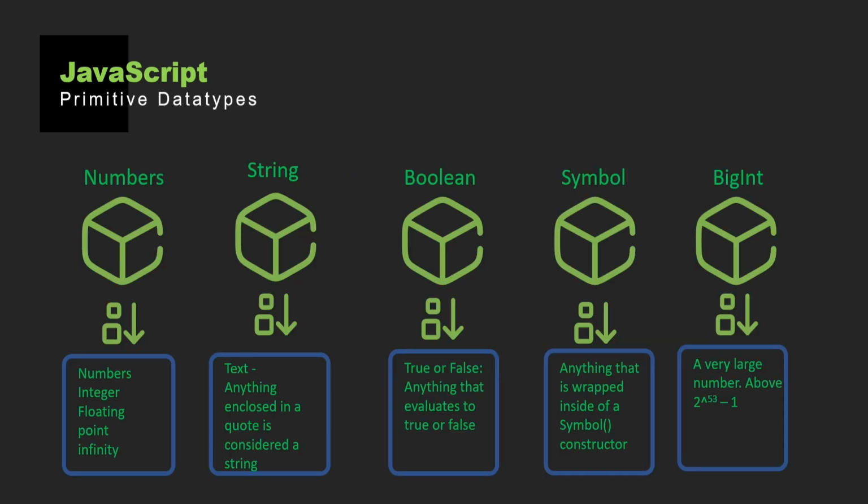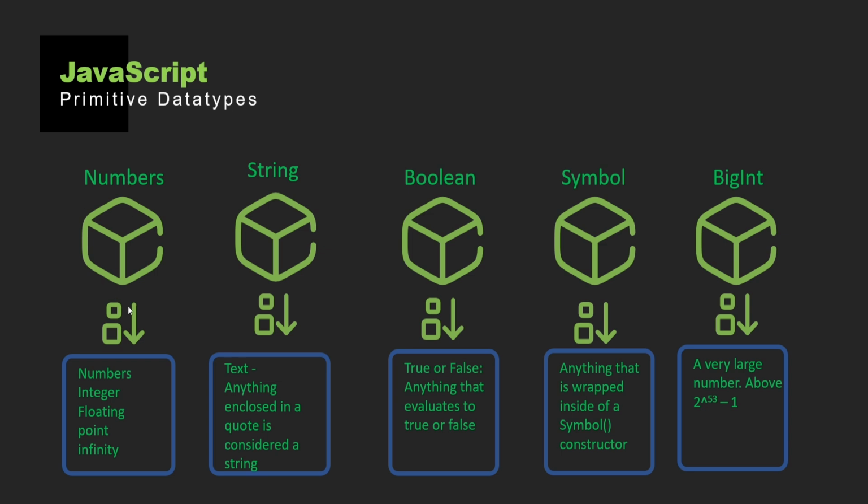All right, so I've made this little visual representation of what data types are. For me, I would think of a data type as a little box. You see, we have a separate box for numbers. We have one for string. We have another one for Boolean. We have another one for symbol. And then we have the very last one for BigInt. Of course, there are more data types, but in this case, I'm just going to give an example using these five right here.